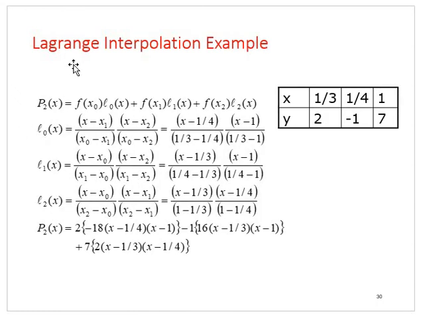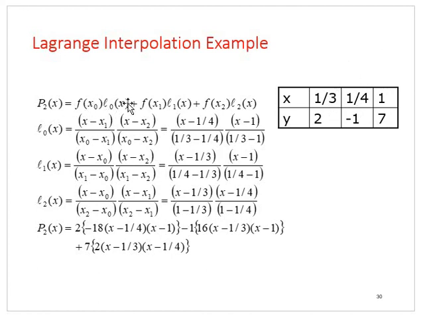Alright, so this is your example of Lagrange interpolation. For this one, you've got 1, 2, 3 points. So you have x0, x1, and x2. Your polynomial P2 of x will be given by f of x0 L0 of x, plus f of x1 L1 of x, plus f of x2 L2 of x, because you have x0, x1, x2.